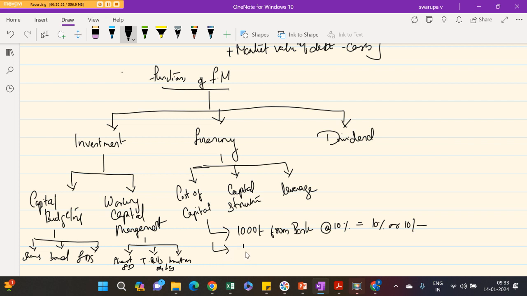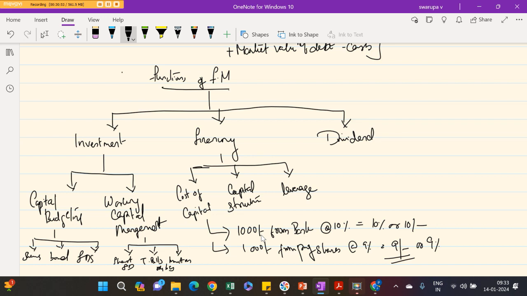Okay. I am raising funds through preference shares at 9% dividend. So what will be the cost of capital? It will be 9 rupees or 9%. That is called the cost of capital.